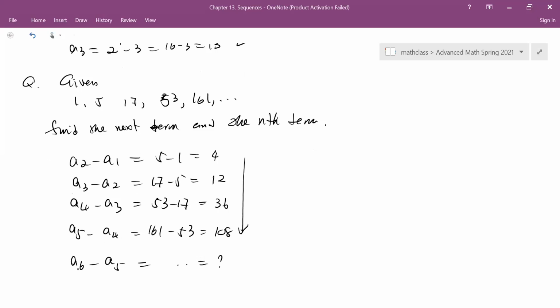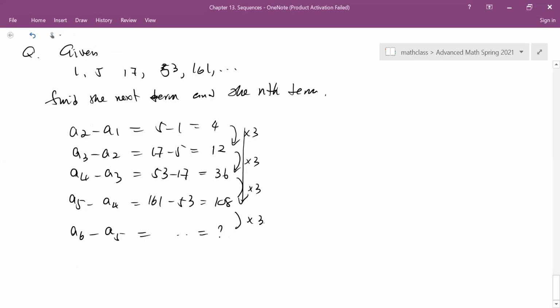But what is the pattern? 4, 12, 36, 108, I think this is a geometric series. From here you multiply by 3, from here you multiply by 3, and again multiply by 3. So A6 minus 161 is going to be 108 times 3.